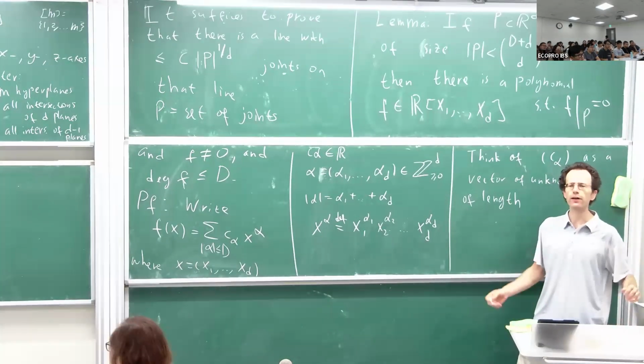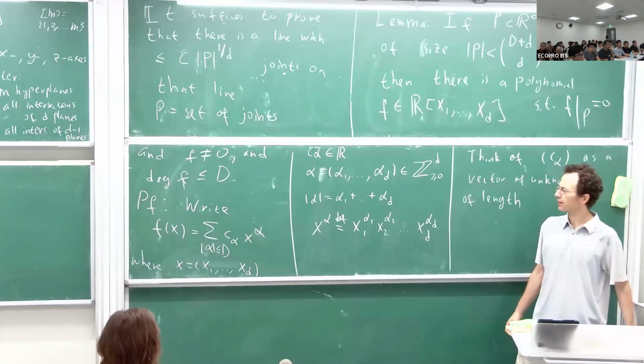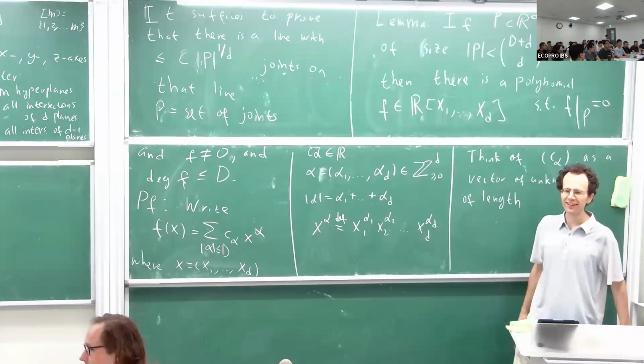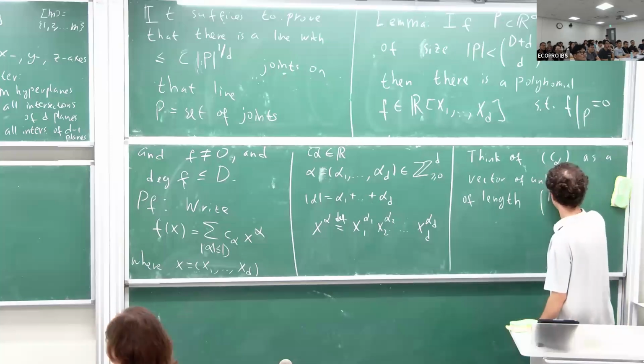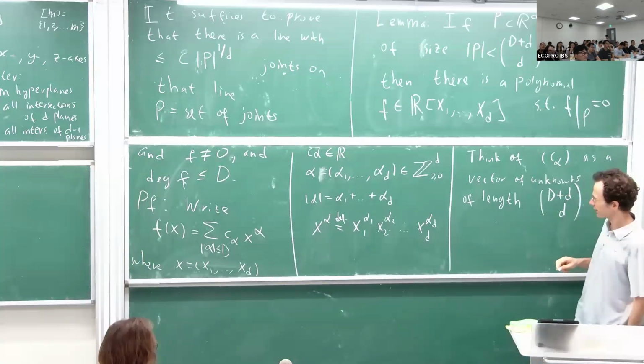Speak up. Not good enough. Capital D plus small d, choose small d. Yes, that's exactly how many of them there are.